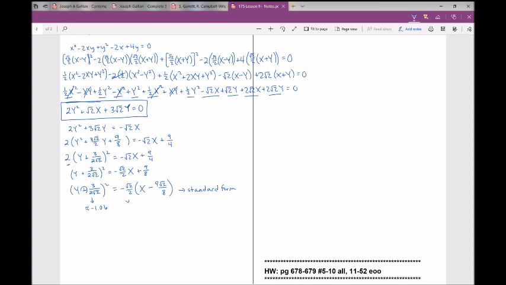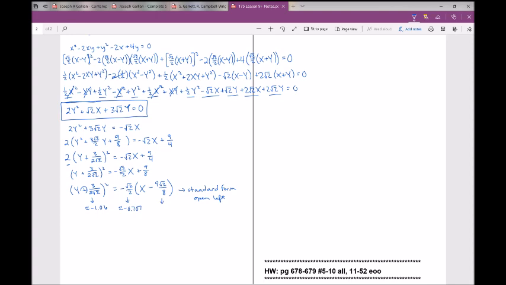Root 2 over 2 is approximately negative 0.707, okay? So because that's negative, we know that it's going to open to the left, okay? And we know that it's a sideways parabola because y is the variable that's squared, okay?